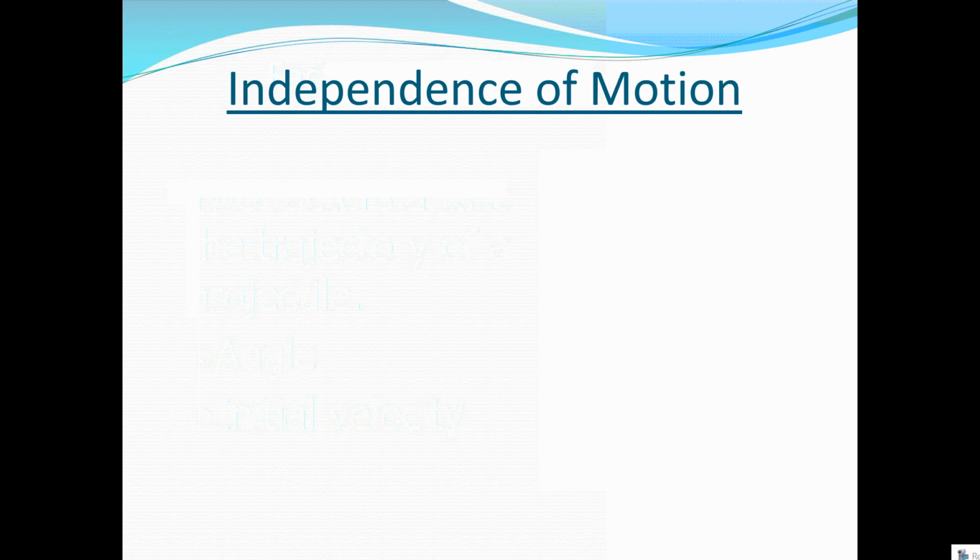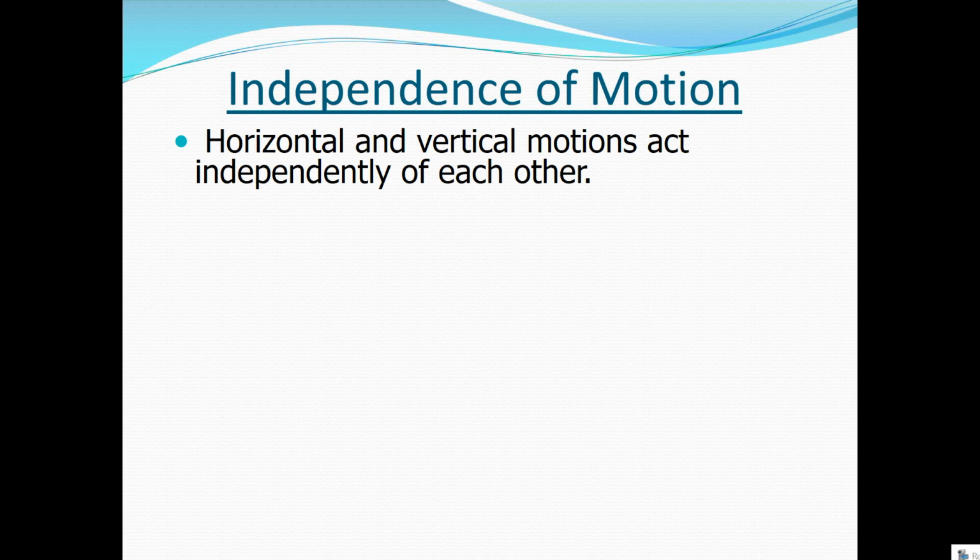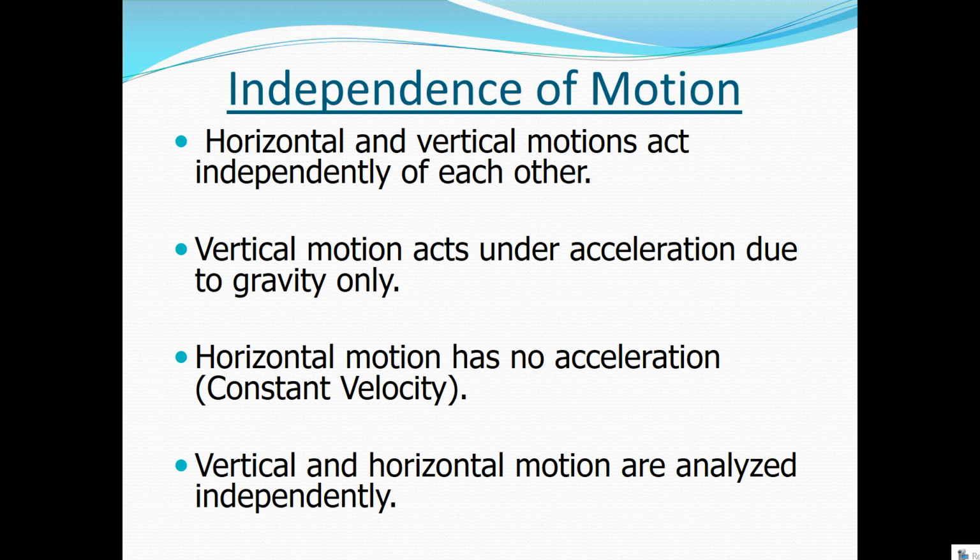At the heart of our analysis of projectile motion is this idea of independence of motion. When we look at the motion of any projectile, however it's moving, vertically and horizontally can be analyzed independently of each other.